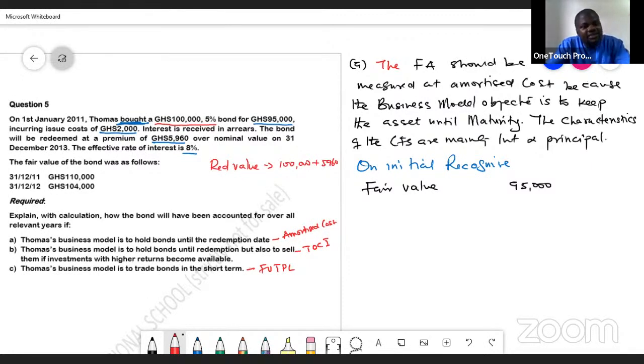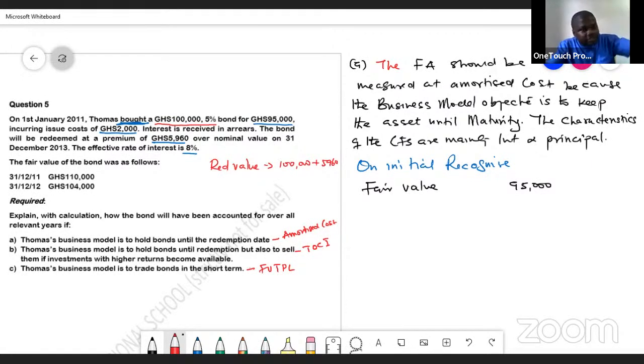Apart from this, all others, remember that for liabilities, we deduct transaction costs. For assets, we add transaction costs. If it's a financial asset, we are looking at the net amount paid. So you add the transaction cost. If it is a financial liability, we are looking at the net amount received. That's why we deduct the transaction cost.